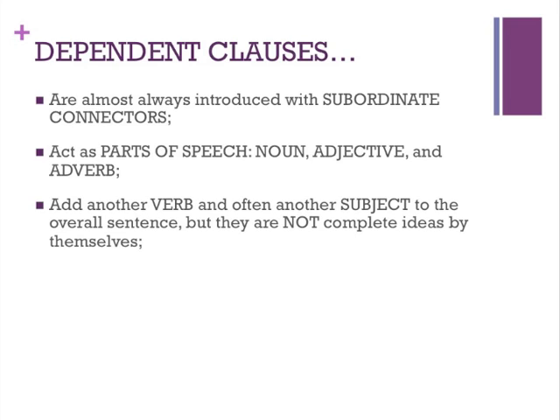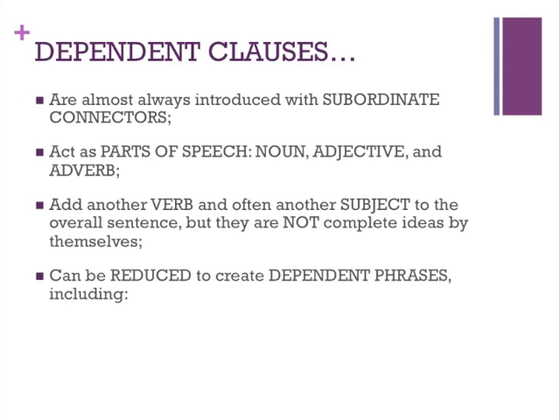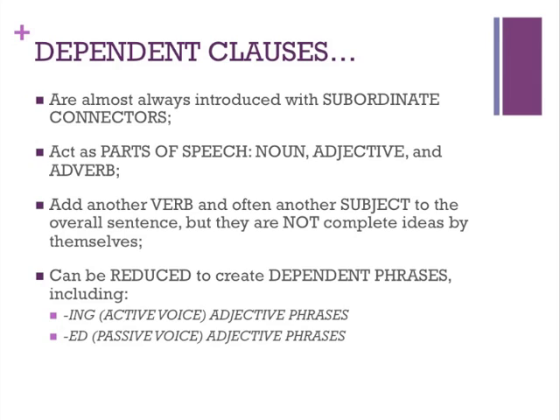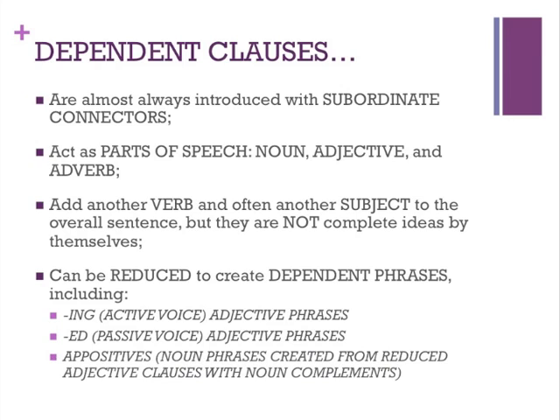Remember, they're called dependent verbs and subjects. And they can be reduced to create dependent phrases, including those ing or active voice adjective phrases, the ed passive voice adjective phrases, appositives, which again are noun phrases that are most likely created from reduced adjective clauses with noun complements, and then finally those reduced adverb phrases.